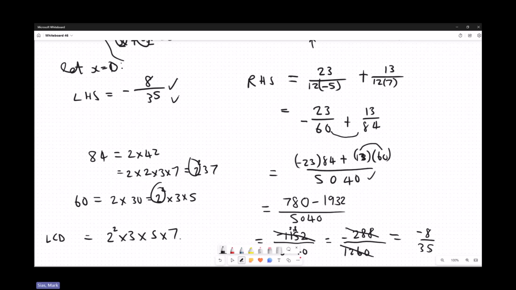So that is the actual LCD, which is 35 times 3 times 4, which is equal to 420. That's the actual LCD. So here it would have been easier if you put in 420. But I was just multiplying quickly in my head to get that conveniently. It comes down to exactly the same thing.